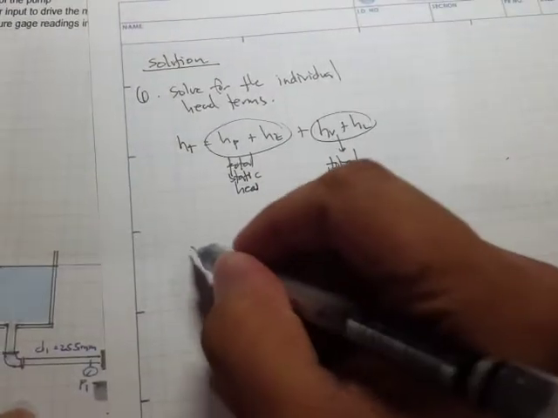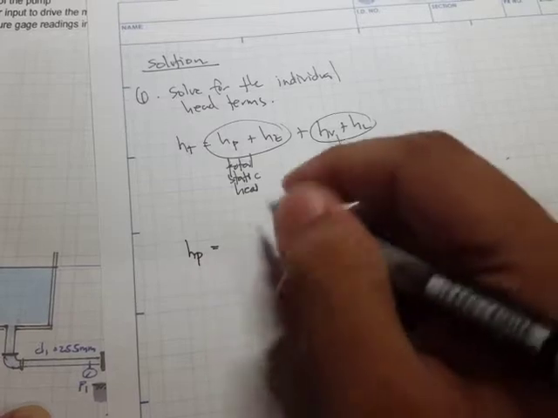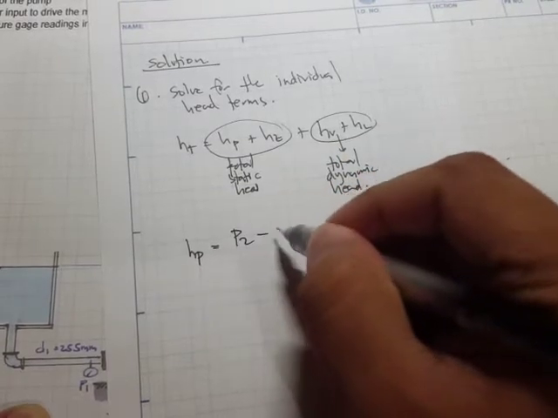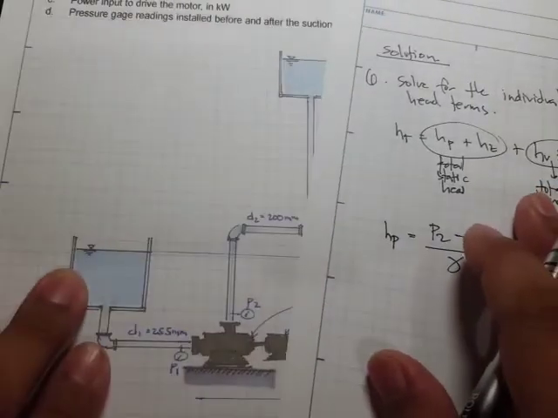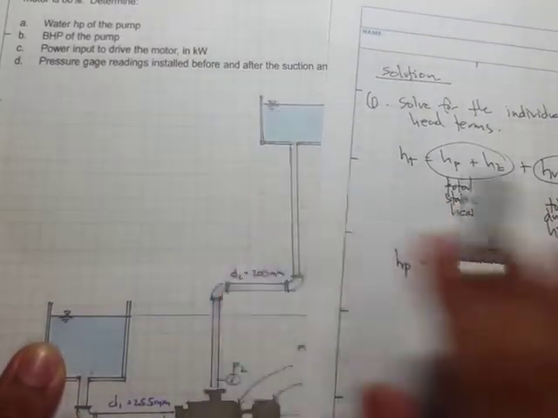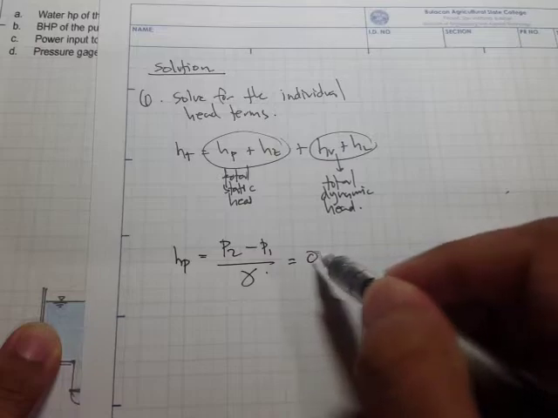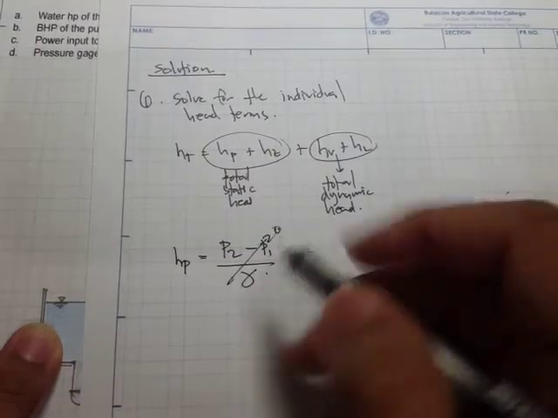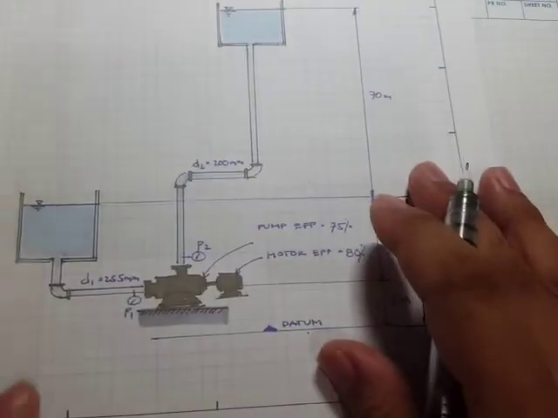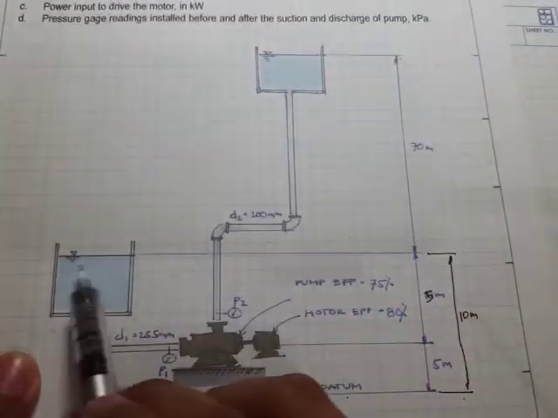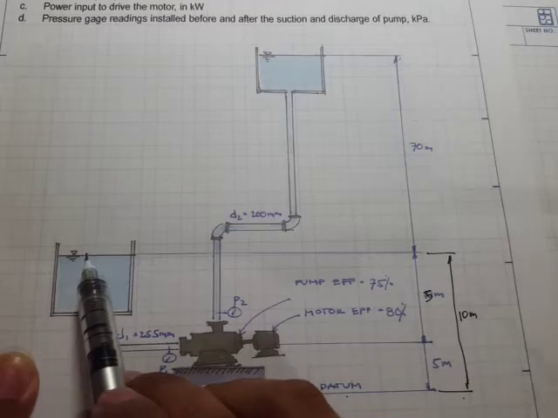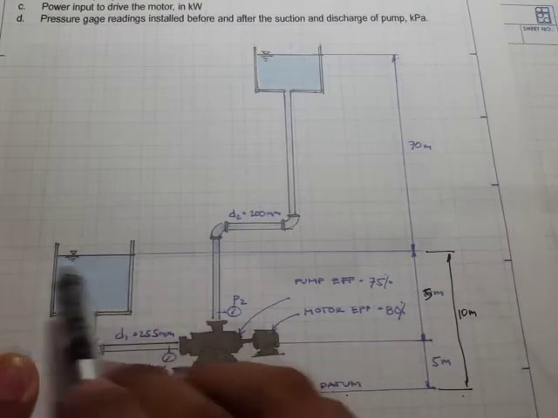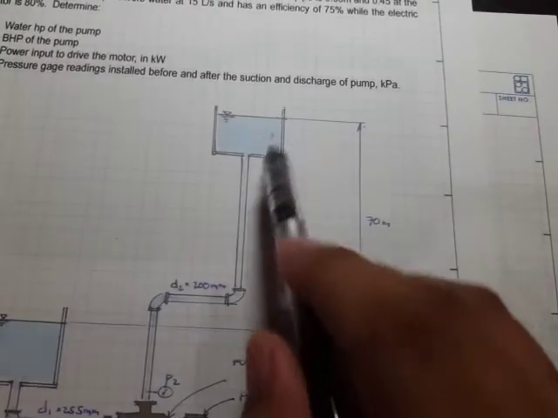Right, so H sub P, the pressure head, is, even though it's just 0, P sub 2 minus P sub 1. So this is atmospheric pressure. This is also atmospheric pressure. This will be 0, right? Our H sub Z is, okay, so we want to elevate the water from this source or from this line up to this line.